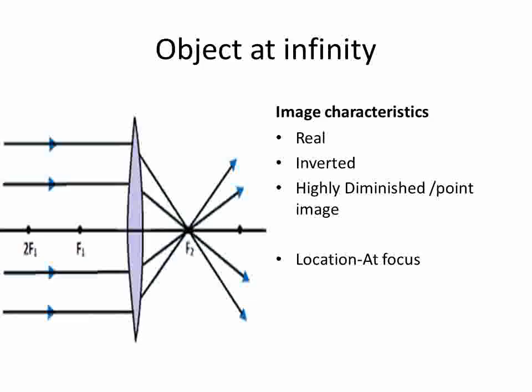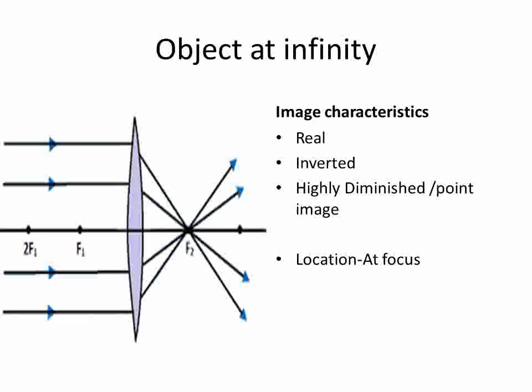Therefore, these rays pass through the focus f2 of the convex lens and intersect at point f2. Therefore, f2 is the image of the object placed at infinity.